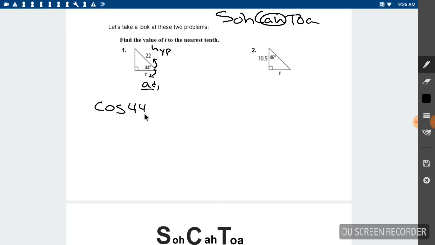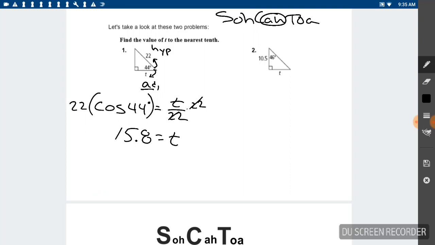Cosine, angle, equals t over 22. Variable in the numerator, multiply both sides by the denominator. Straight up in my calculator, 22 times cosine 44, 15.8 equals t.